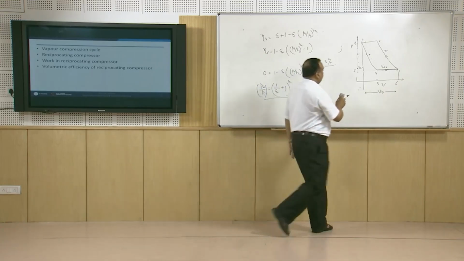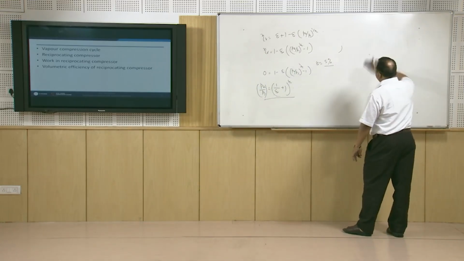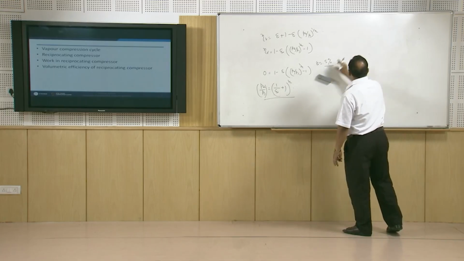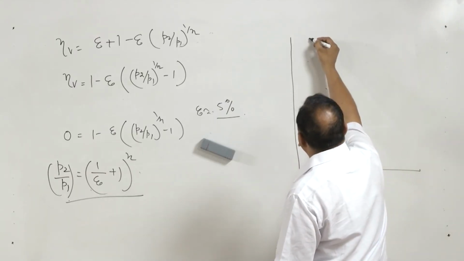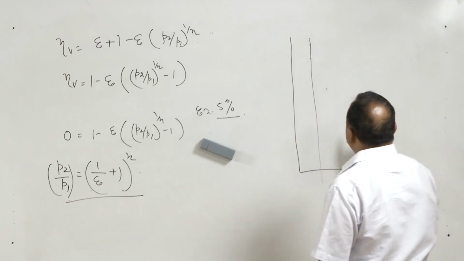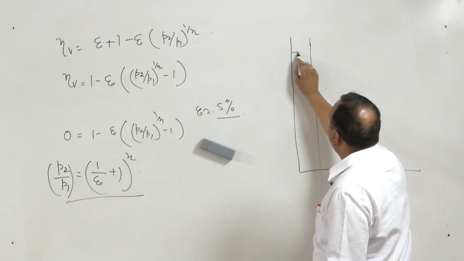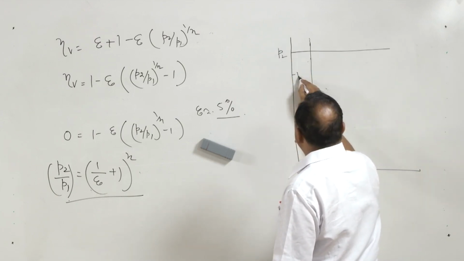It means for a given compressor, because clearance volume is constant, right? Maximum pressure is constant, discharge pressure is constant, P2 is constant, Vc is constant.